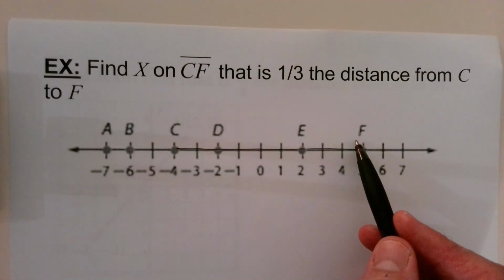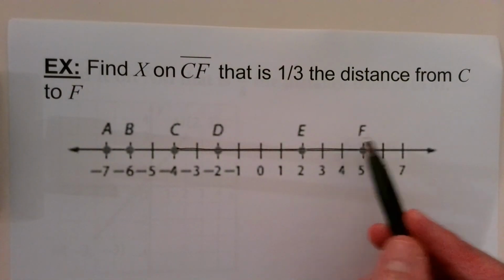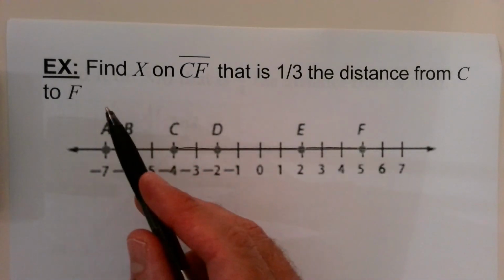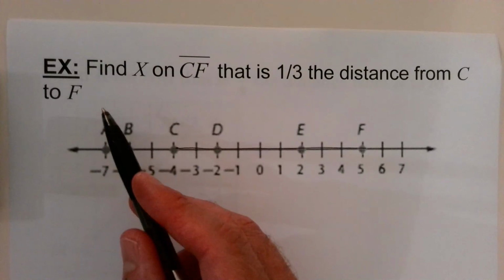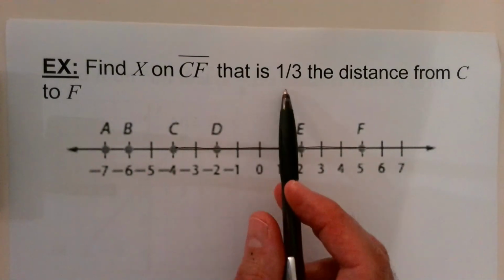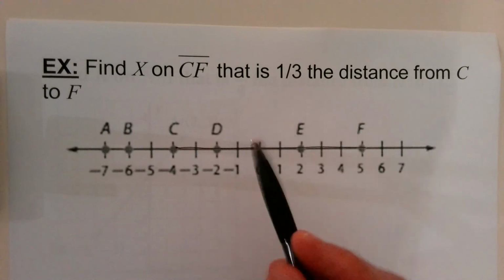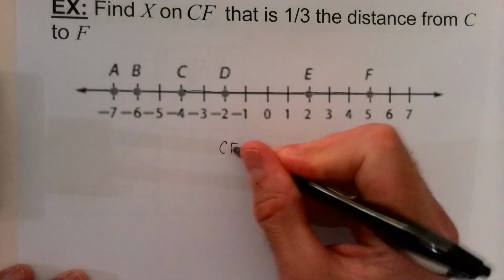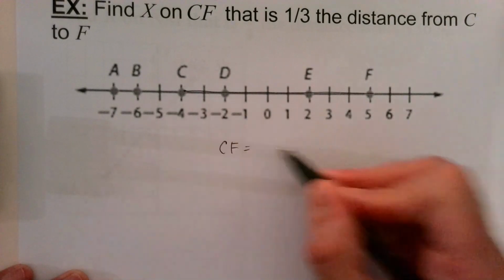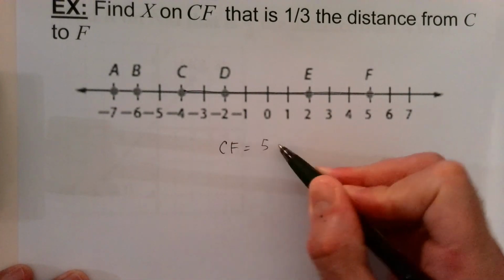Now it's really important to notice they're saying start at C and head towards F. Because if they said start at F and head towards C, I'm going to get a different answer. Because it's not halfway, it's 1/3 of the way. So first I'm going to find the length of CF. Bigger minus smaller. F is at 5.